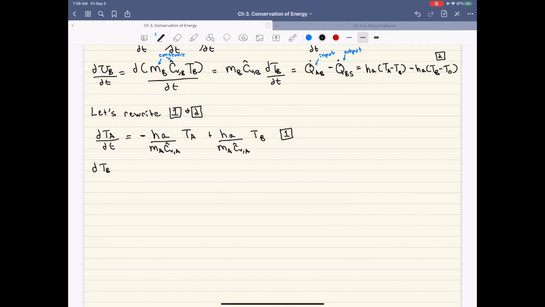And then for the cylinder, I'll do a similar sort of thing. I'll divide both sides of equation number 2 by MB CVB.